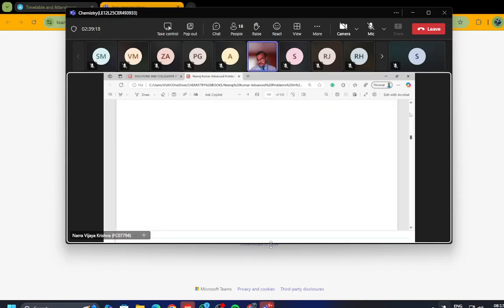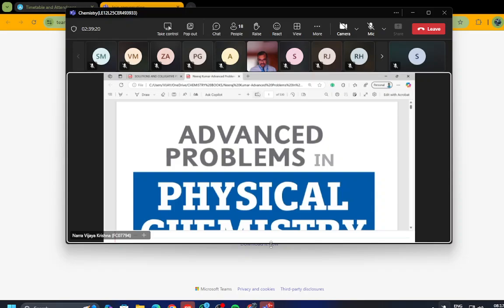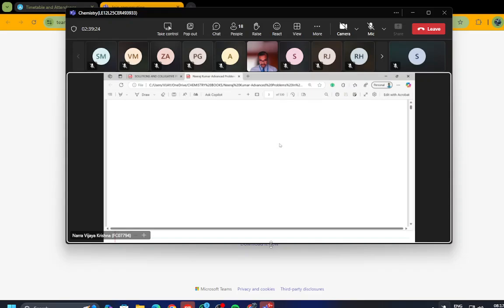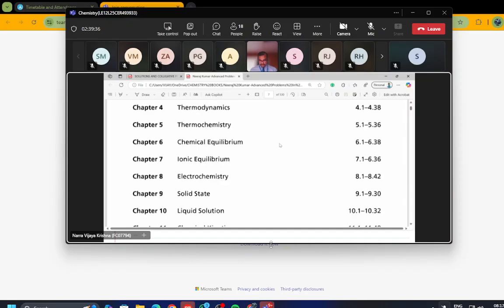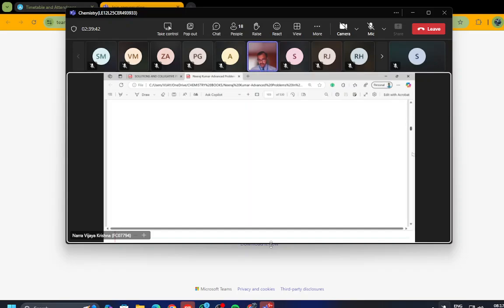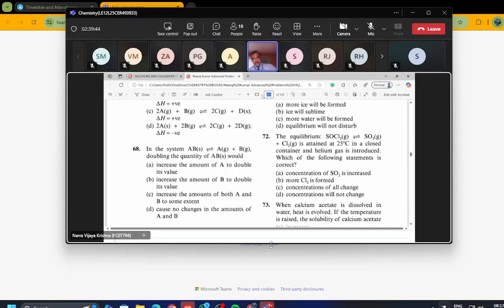What is the chapter name? 10.1, huh? 10.1 means page number approximately 350.